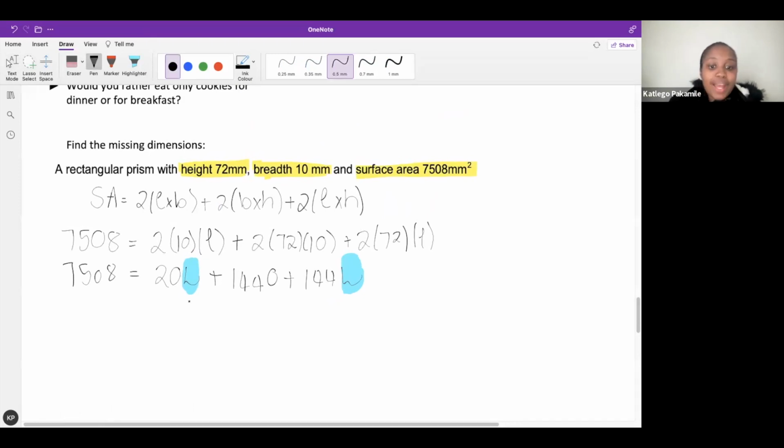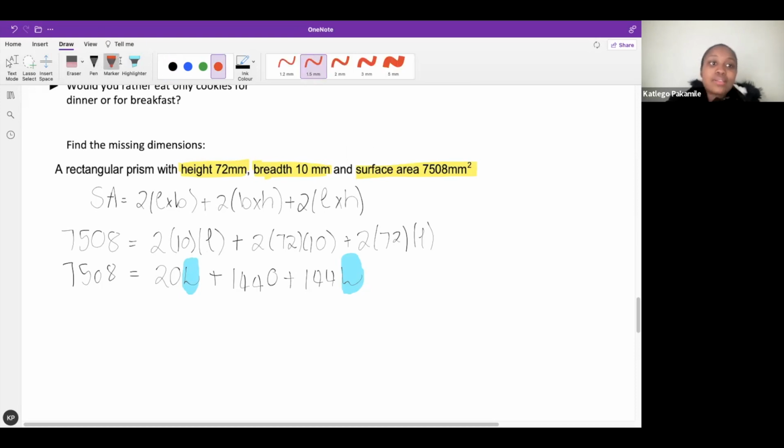Ma'am, I don't know if I'm right, but wouldn't you take your 1,440 and 144 to the other side where 7508 is, and then add the length together?